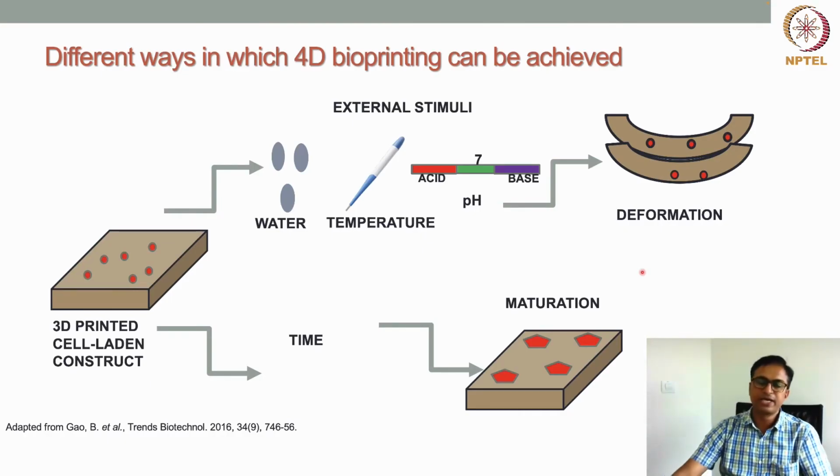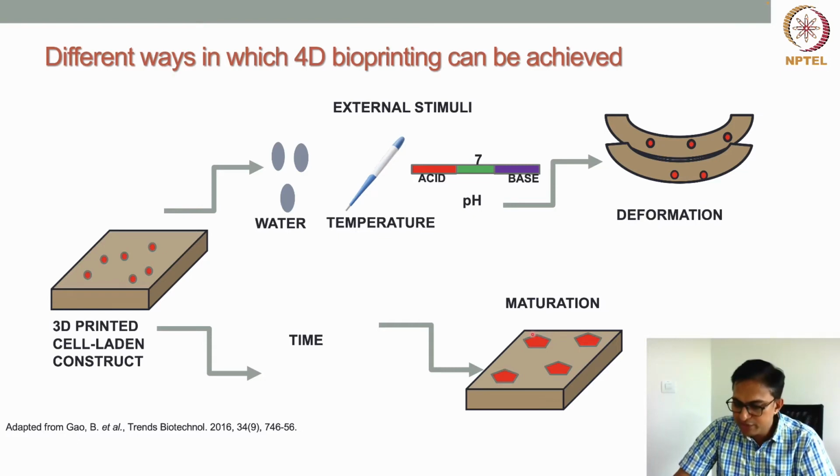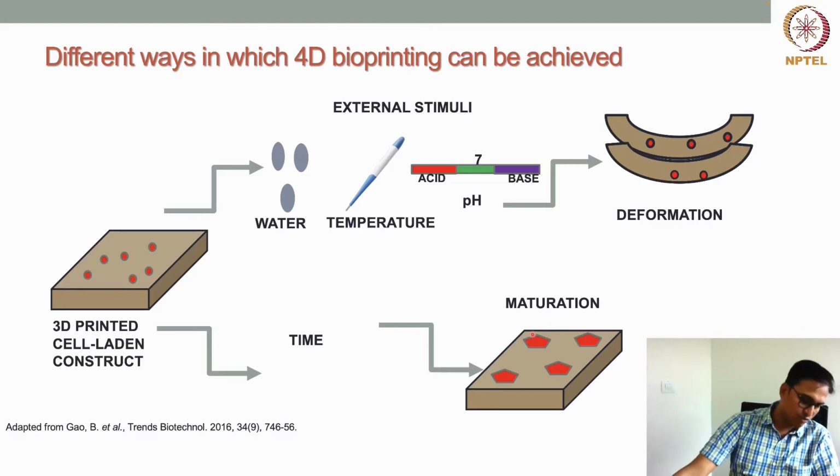All these things can happen, and then the tissue building process starts. So as this maturation process is cell driven, it can also qualify for 4D bioprinting. But the only difference between a 3D bioprinted construct and a 4D bioprinted construct is if the changes can be programmed, or if the changes can be anticipated. If there is an anticipated change, then it can qualify for 4D bioprinting.